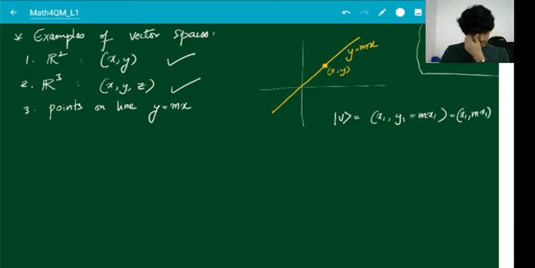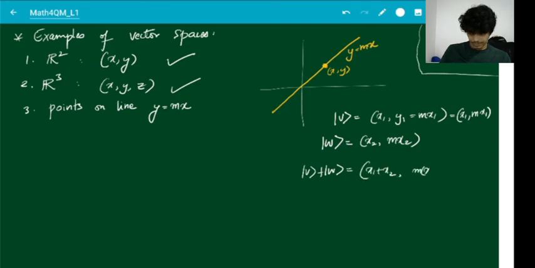Okay, so let's see. If I take two vectors like this, x1, mx1, and one more, x2, mx2, will their sum lie on this line again? Yes, it will, because if I take the sum, I will get x1 plus x2 and m times x1 plus x2.